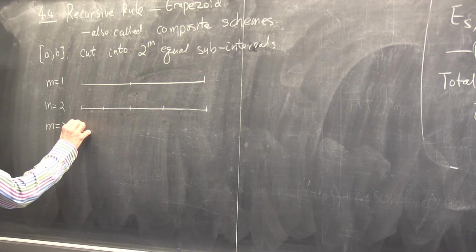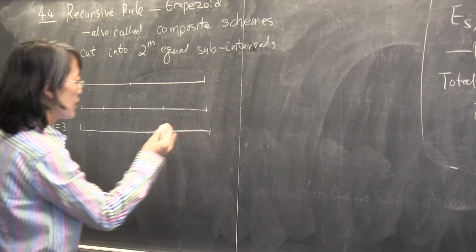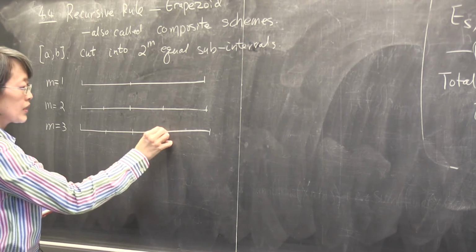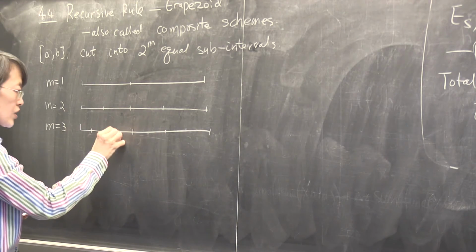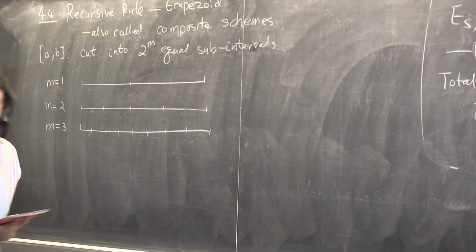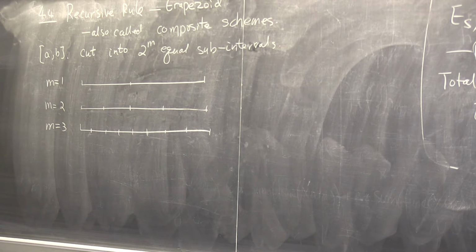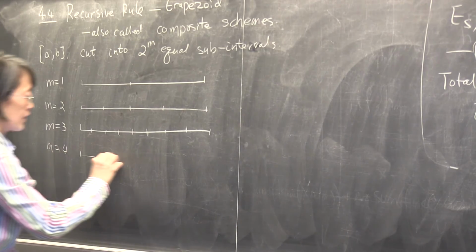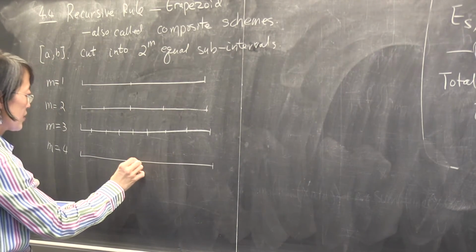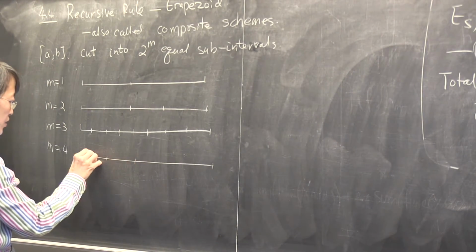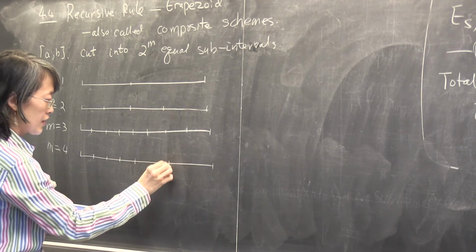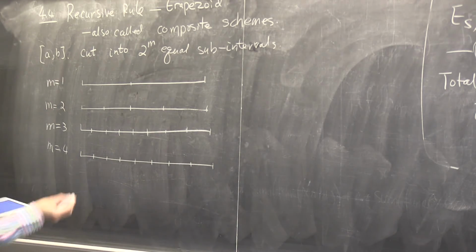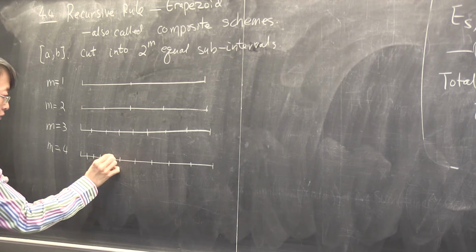Okay, so m equals 3, let me draw another one. I will copy the previous one, and then I will cut each subinterval in half. Is that clear? Let's do one more round. M equals 4. Okay, that's the copy, and then I cut it further.